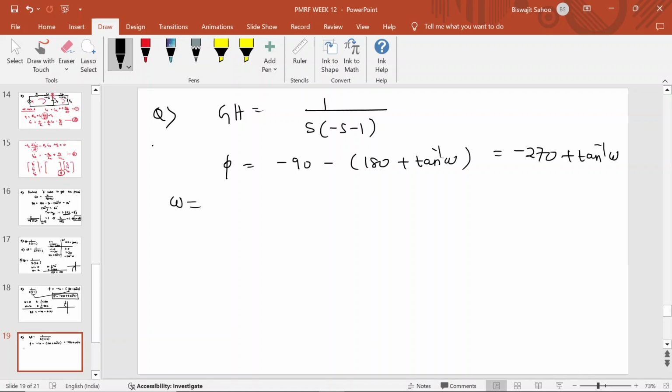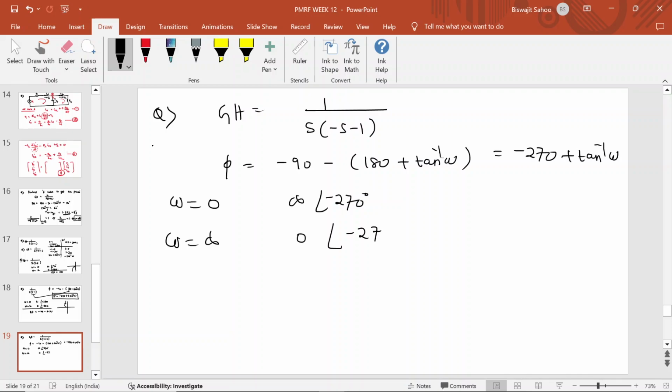Now we put omega equal to 0 and omega equal to infinity. At omega equal to 0, this will be infinity at an angle minus 270. At infinity it will be 0 and the value will be minus 270 again.